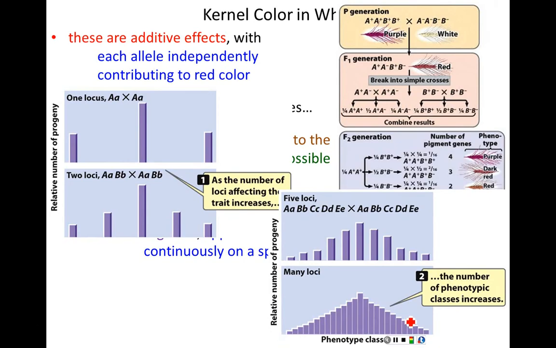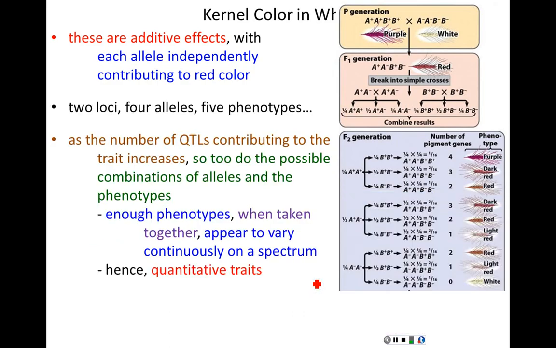And how do you get so many phenotypes? With many, many loci contributing to the trait. So this is where quantitative traits come from, whether it's human height, plant kernel color, or anything else. It simply comes from multiple loci with alleles contributing additively to the trait.